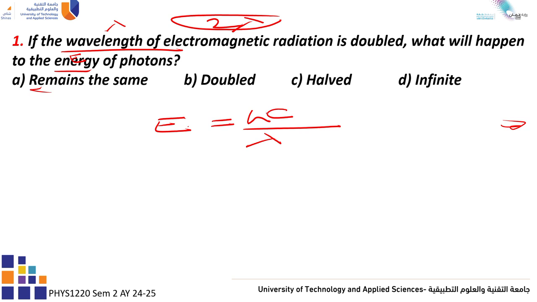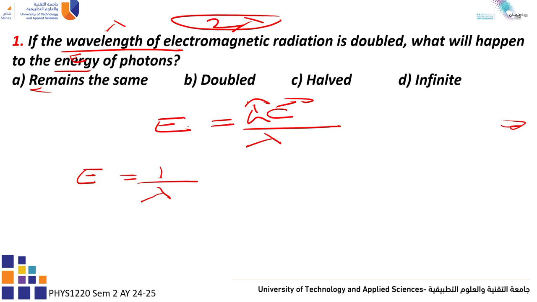In this formula, h is Planck's constant, this is a constant, and c is the speed of light, this is also constant. So the remaining formula is the energy equal to, this is 1 over lambda. This is the relation between the energy of the photon and the wavelength of the photon.